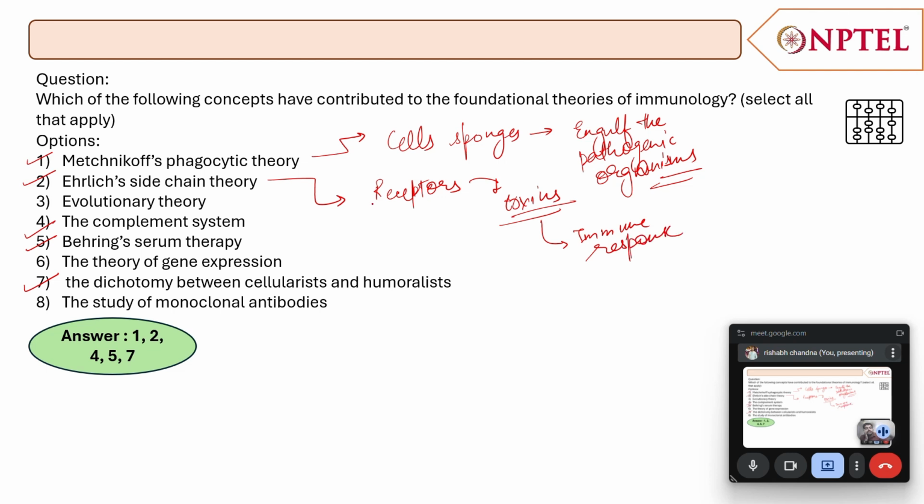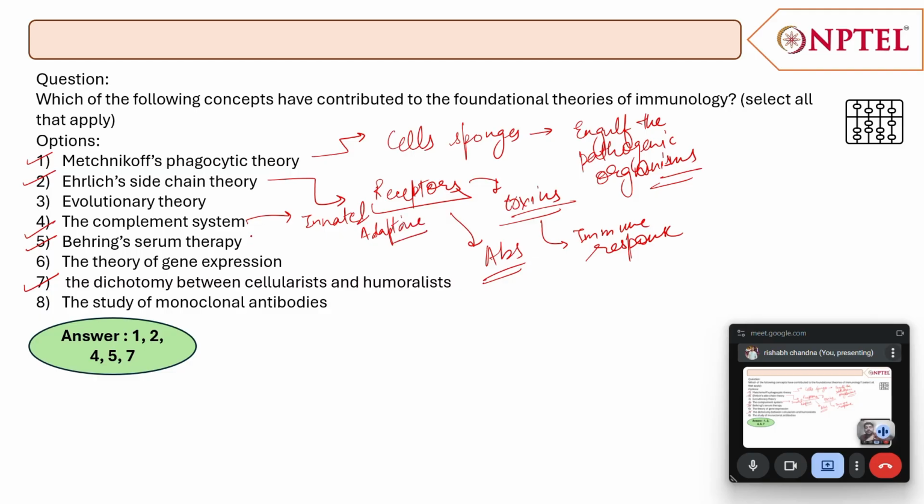Then these receptors gave rise to the antibodies concept. Then the complement system. This is a system present in the body that is the connecting link between the innate and adaptive immune system.